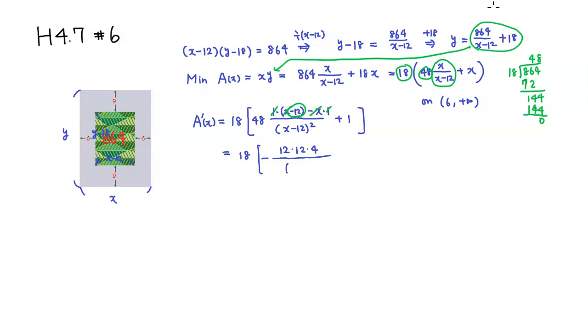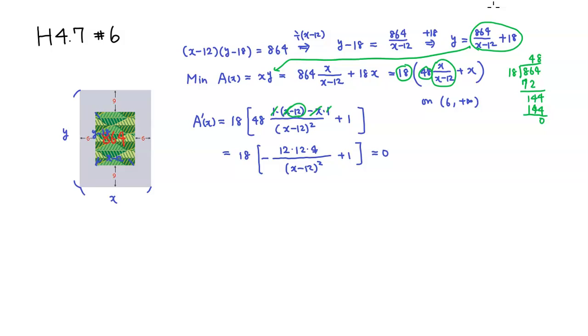And then you have (x minus 12) squared plus 1, right? So if you set this equal to 0, in order to make this equal to 0, we want this denominator to be exactly the same as the numerator, so that the negative 1 plus 1 will give you 0.